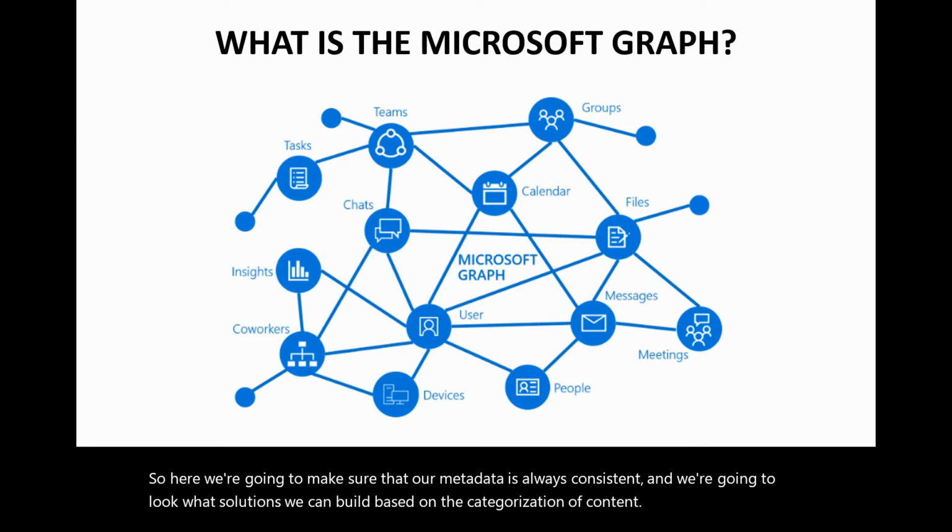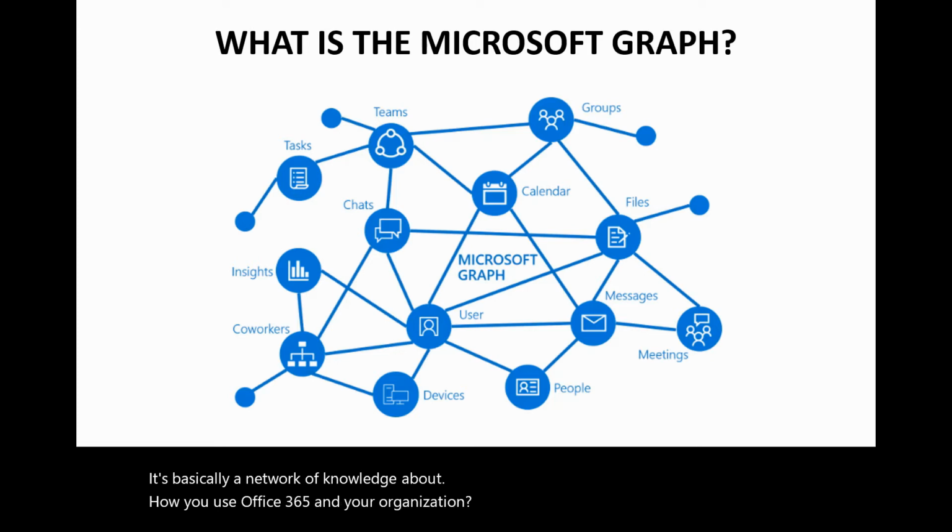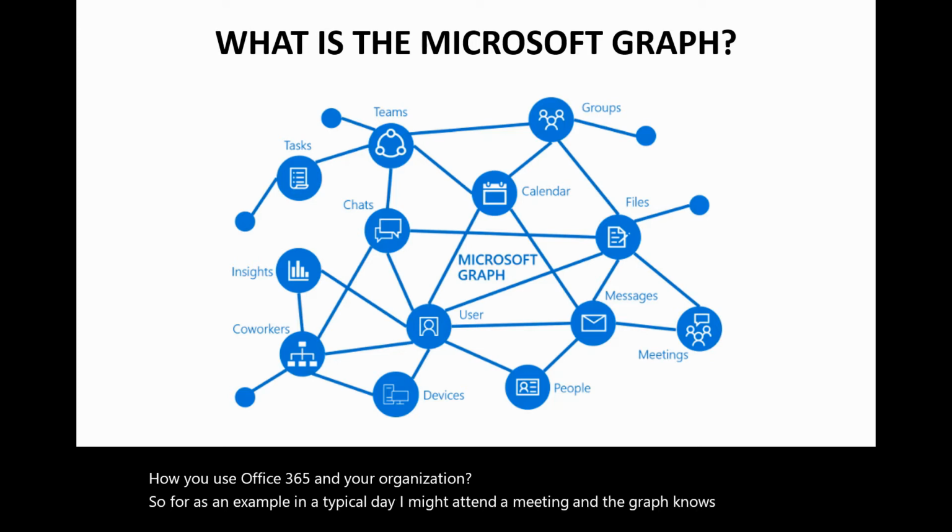In order to understand this section, I need to explain the Microsoft Graph. If you aren't familiar with the Microsoft Graph, it's basically a network of knowledge about how you use Office 365 in your organization. As an example, in a typical day, I might attend a meeting, and the graph knows that I have an item on my calendar.